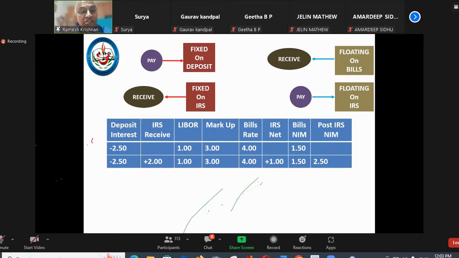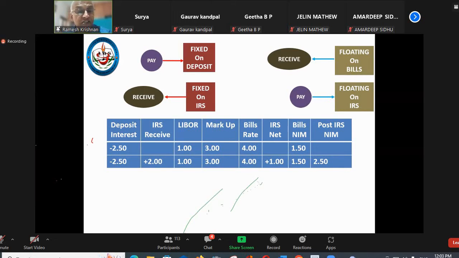So suppose you receive 2% and pay floating LIBOR. So in the swap, you receive on day 1 2% and LIBOR is 1. So you pay 1% to the swap counterparty. So 2 minus 1, IRS net you get plus 1%. The 1, 2, 3, 4, 5, 6th column is IRS net.